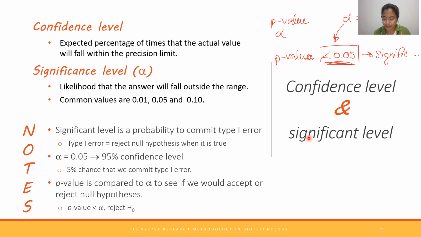So if the p-value is less than 0.05, then things become significant. It means that you are testing the hypothesis at a significance level of 0.05, or at a 95% confidence level.